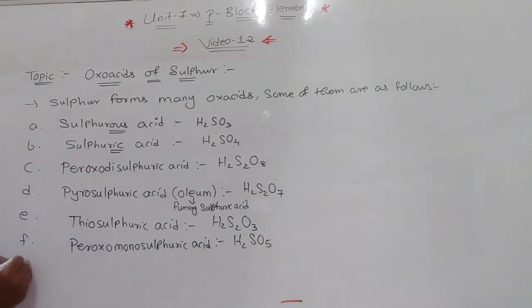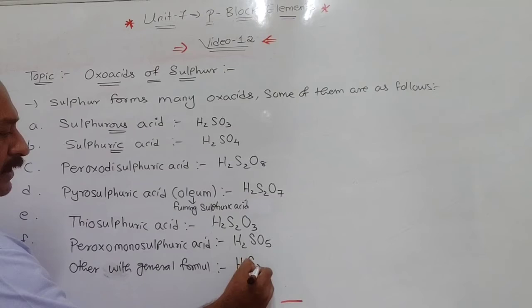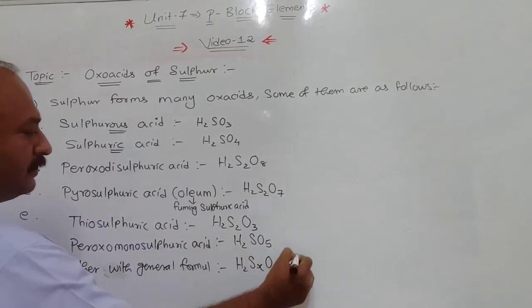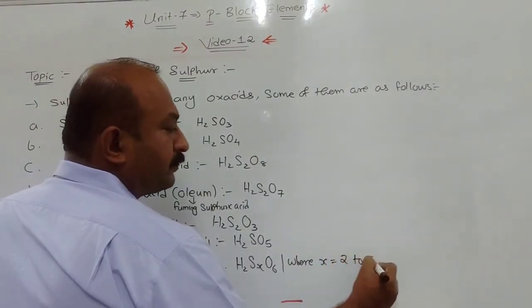And then the last one, given in your textbook, is the other general formula. All other oxoacids can be written with the general formula H2SxO6, where x can be equal to 2 to 5.